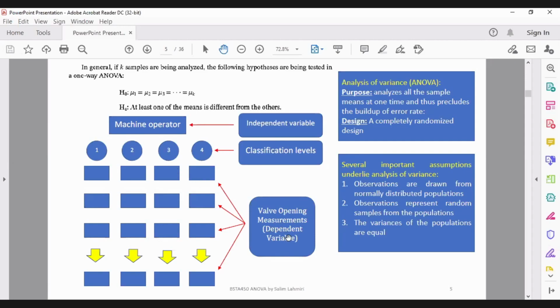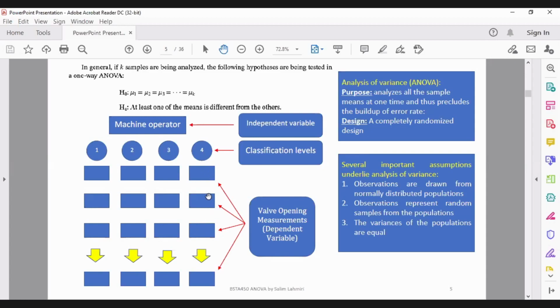Third, the variances of the populations are equal, meaning the variance of measurements under experiment 1 is equal to the variance of these measurements, is equal to the variance of these measurements, is equal to the variance of these measurements.